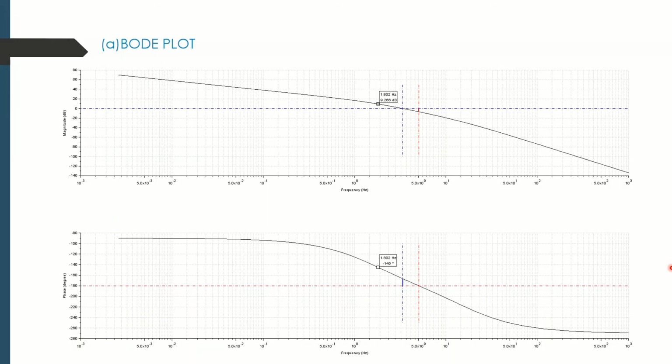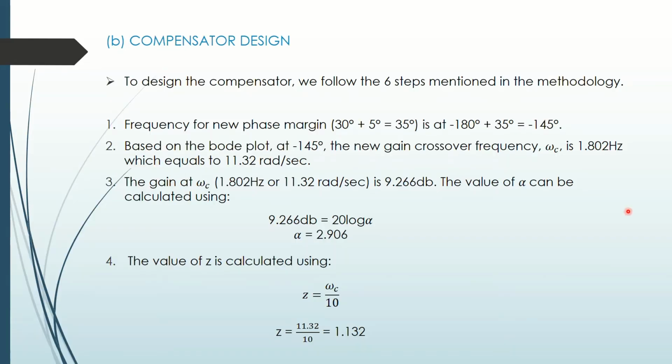The Bode plot of the system is obtained by using Scilab. For the compensator design part, we design the compensator by following the 6 steps mentioned in the methodology. Our desired phase margin is 30 degrees and 5 degrees is added to allow a safety margin.